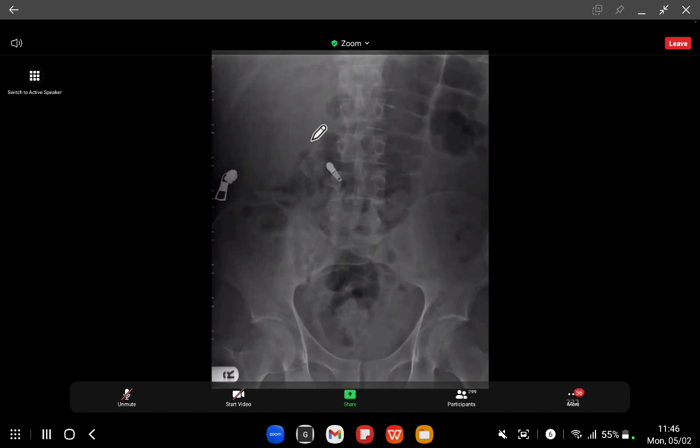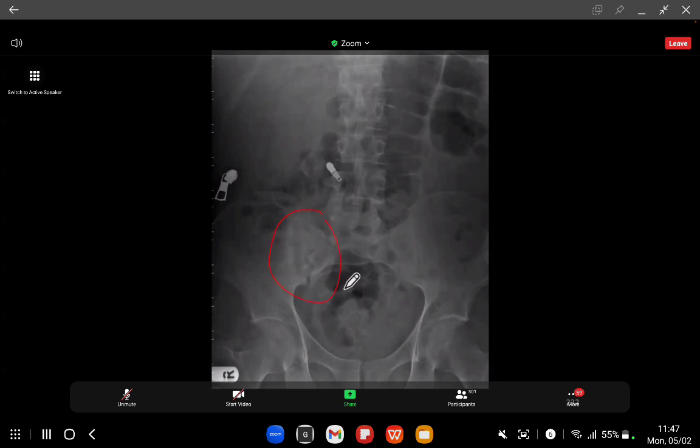Okay, this patient is complaining of back pain. Please show the cardiac bronchus again. I will do after this case. Yeah, the left sacroiliac joint is okay. It's the right one that's abnormal.